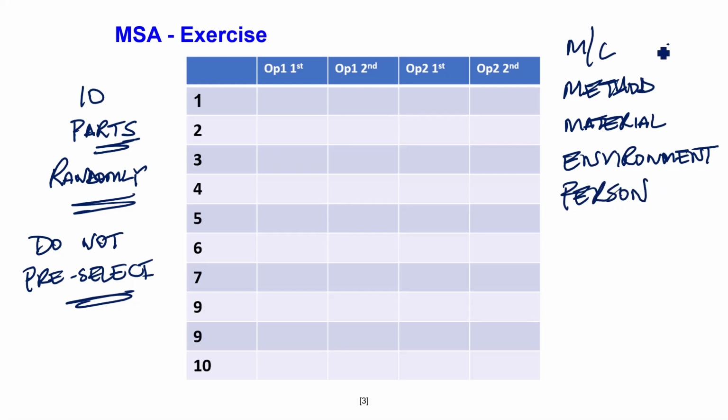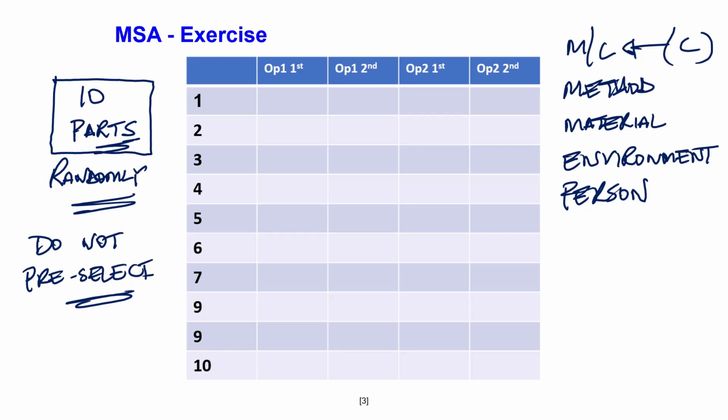That is a measurement system. The machine, which of course you calibrate, might be under control, but the specific task, the specific shape of the product that you're trying to measure, etc., is what's in the 10 parts. This is a specific test for a specific measurement.